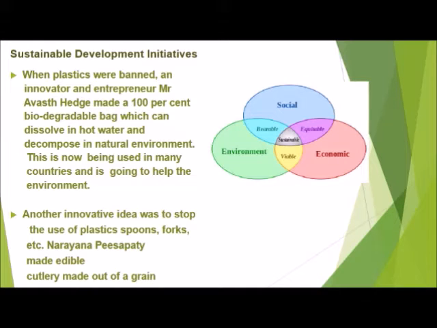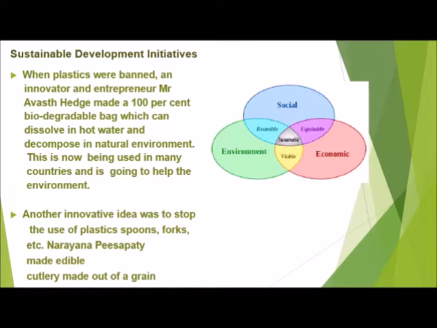Now, there are a few initiatives that have been taken for sustainable development. For example, when plastics were banned by the Municipal Corporation of Mangalore, an innovator and entrepreneur, Mr. Avas Thedge, found an eco-friendly alternative.